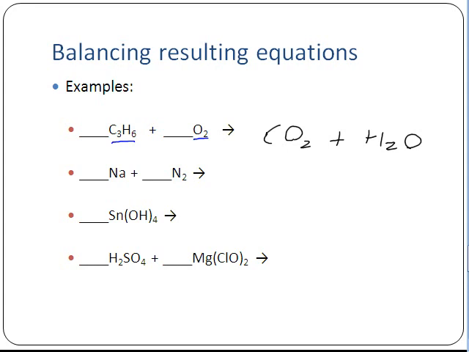We have 3 carbons on the left and 1 on the right, so we put a 3 up here. We have 6 hydrogens on the left and 2 on the right. We put a 3 right there. And doing this, oxygens, we have 2 on the left. On the right, we have 6 that's right here, and then 3 that's right here gives us 9. But 9 and 2 don't work. We're going to have to go up a step. We're going to have to double what we've got here.